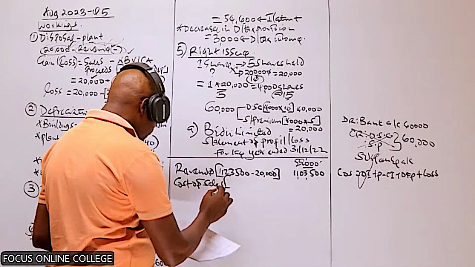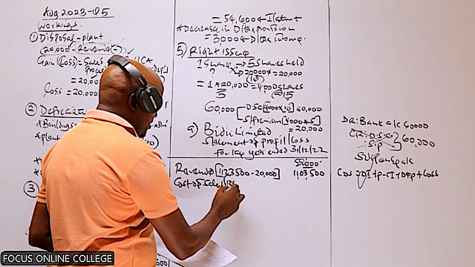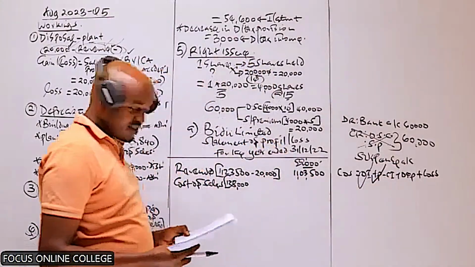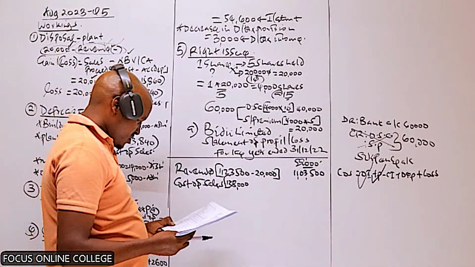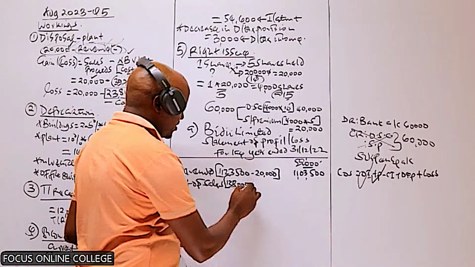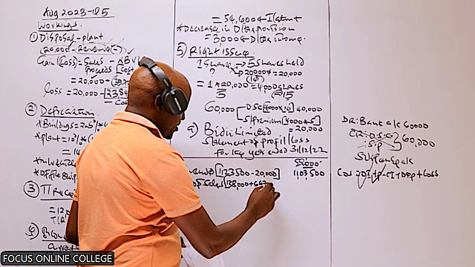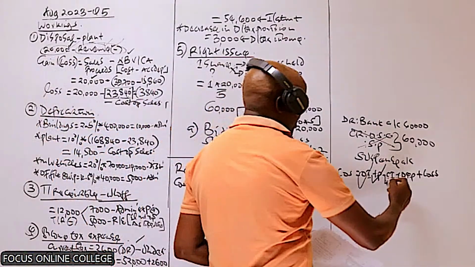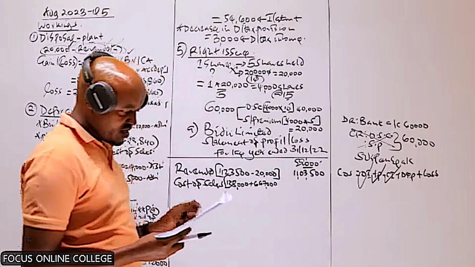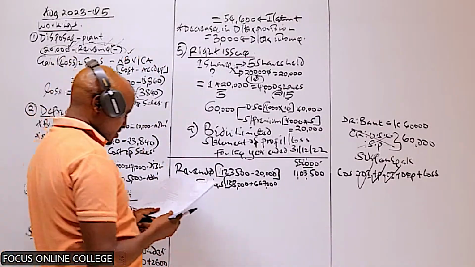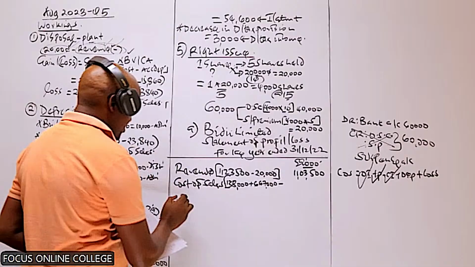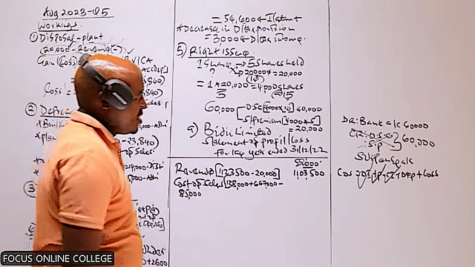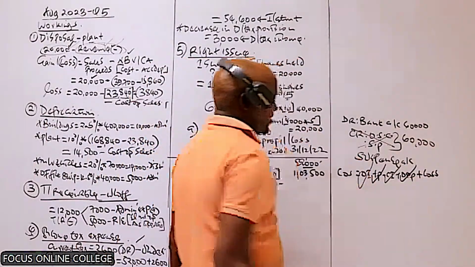The opening inventory is 138,000. To that we add purchases of 667,000. Then we less the closing inventory, which is in note number 5: 85,000.